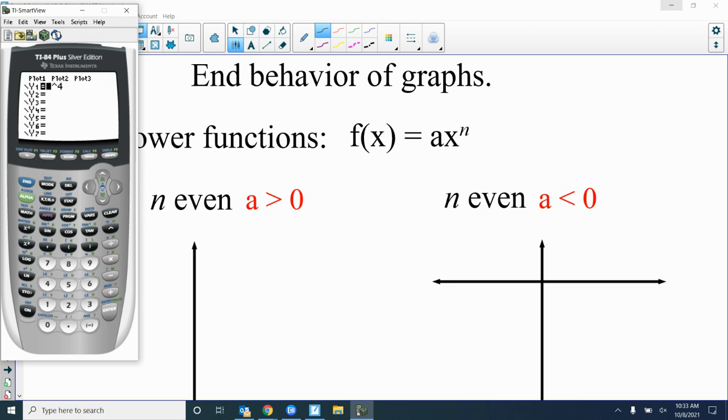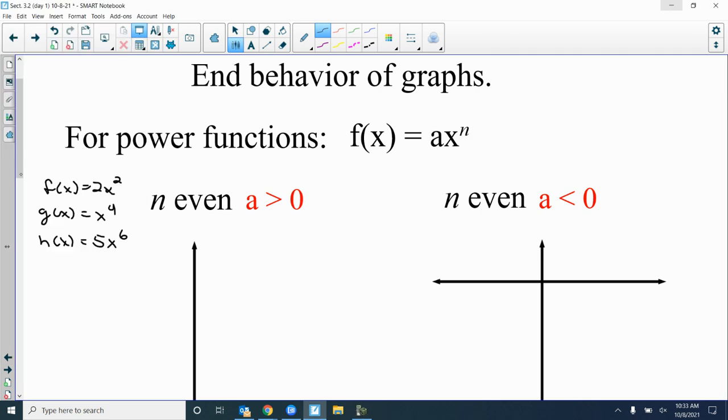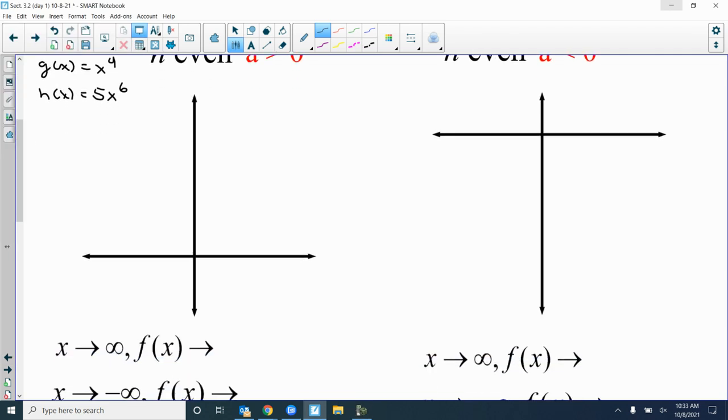What about x to the 6th power? They all open up. Okay, they basically look like parabolas. So if n is even and you have a positive coefficient in front, it's going to look something like that. It might be a little skinnier, might go up quicker, it might be a little wider, but it's got to look like that.